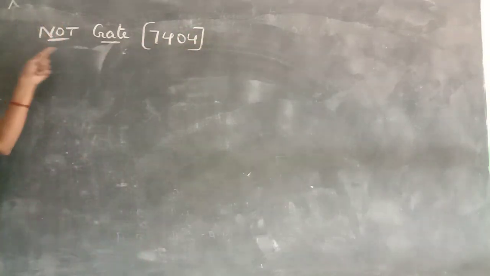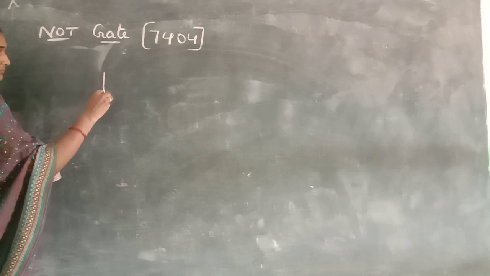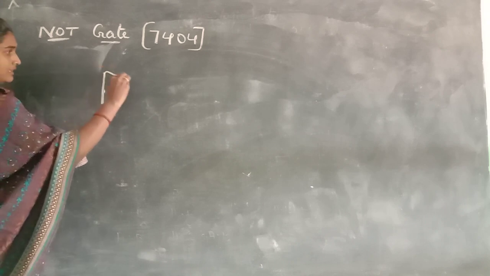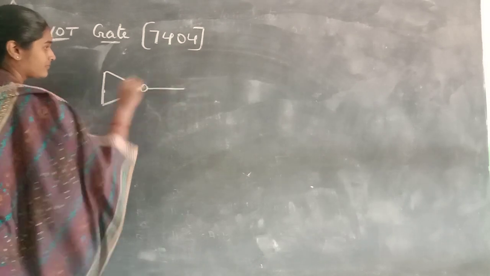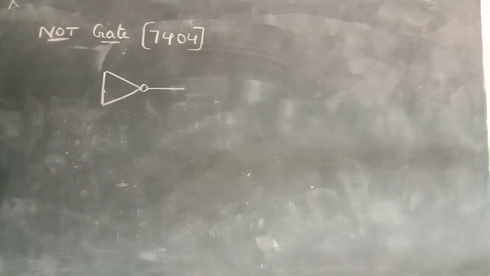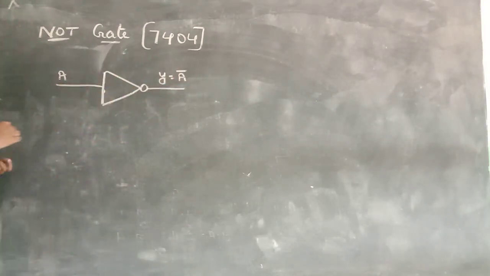And next, the schematic symbol of the NOT gate. NOT gate consists of only one input and one output. The input is named A, then output Y becomes A bar. Y is equal to A bar. This is the schematic symbol of the NOT gate.